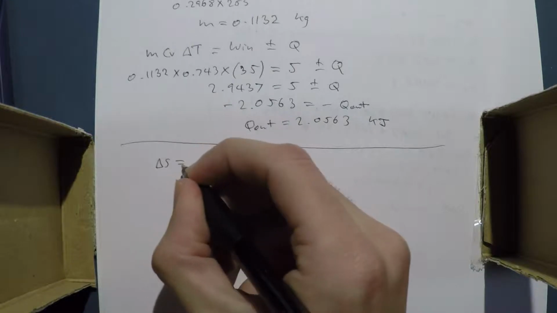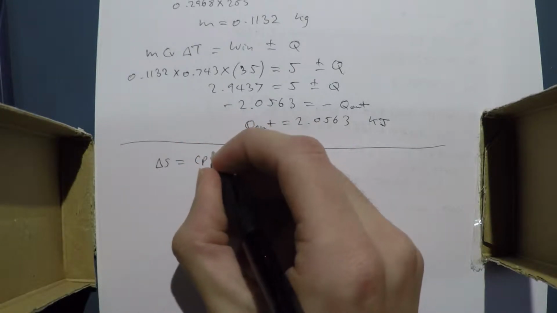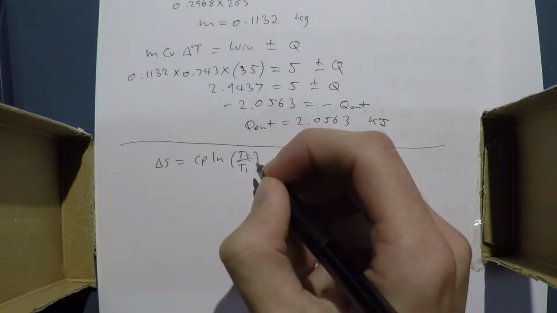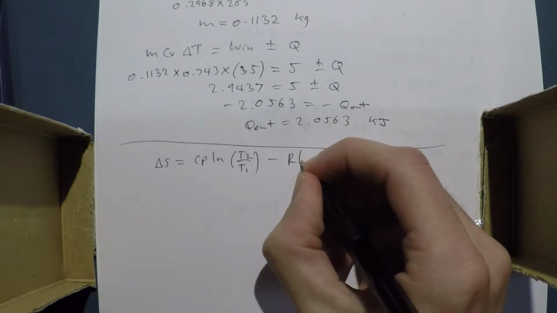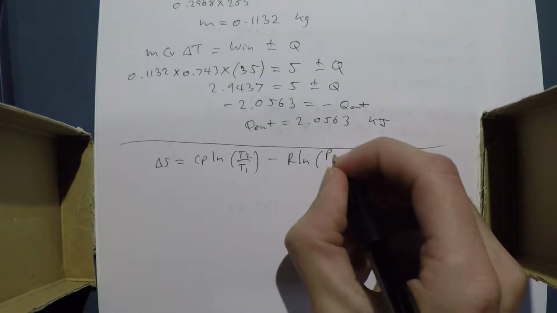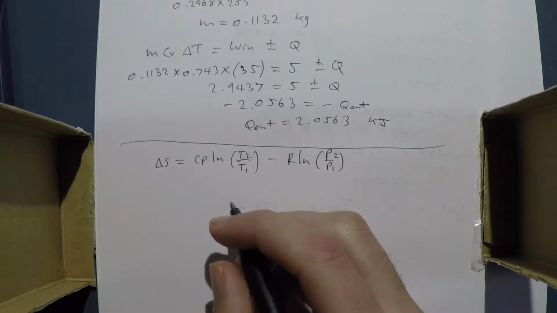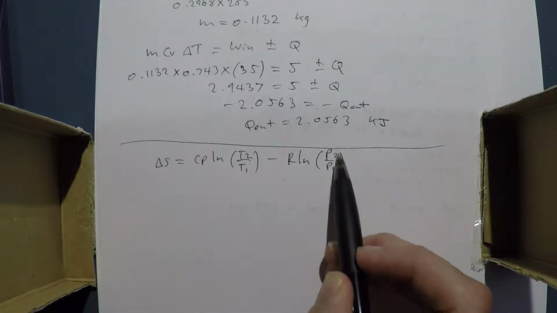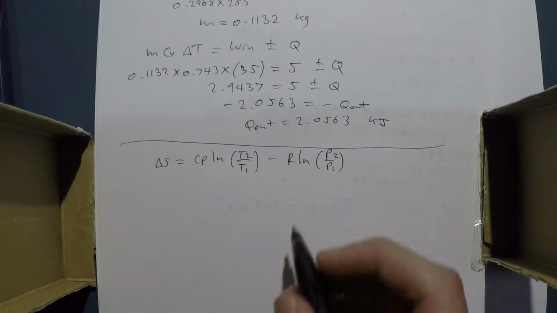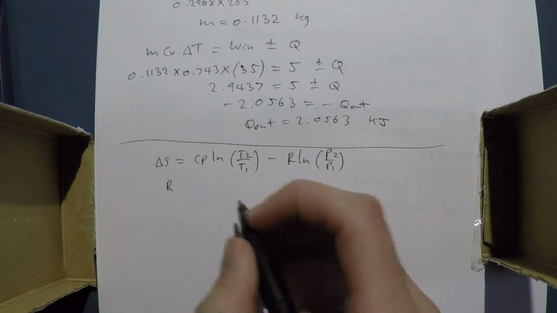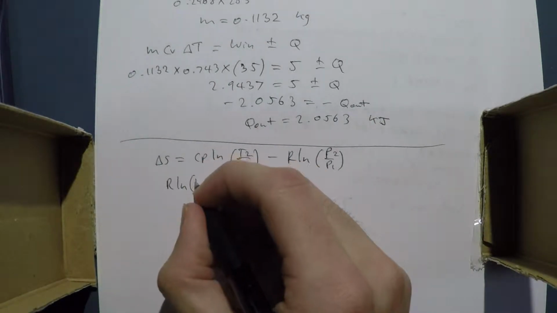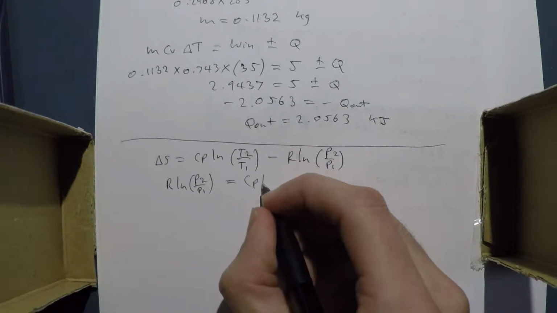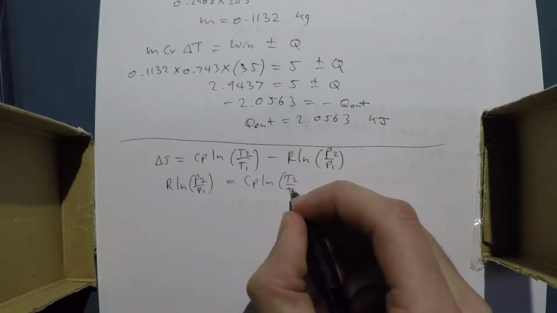Delta S equals Cp ln T2 over T1 minus R ln P2 over P1. Okay, now since this is 0, I'm going to add these terms to both sides, giving us R ln P2 on P1 equals Cp ln T2 on T1.